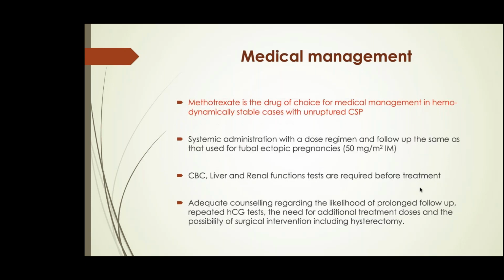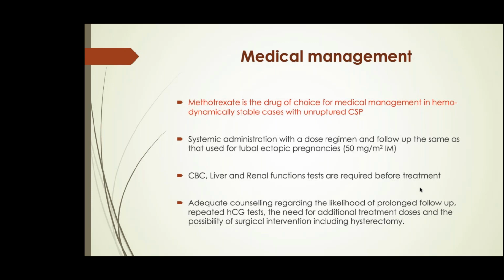The medical management, the mainstay of it is methotrexate. There's one treatment regimen that is not mentioned here, which is multiple dose methotrexate. So the medical management is mainly based on methotrexate, whether you give it as a single administration, like we do in ectopic pregnancy, or as multiple doses, like we give in some cases of ectopic pregnancy: methotrexate on days 1, 3, 5, 7 and folinic acid on days 2, 4, 6, and 8.